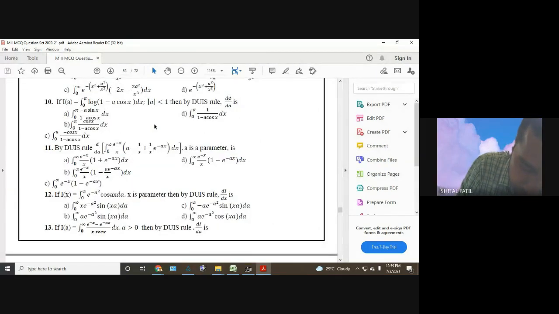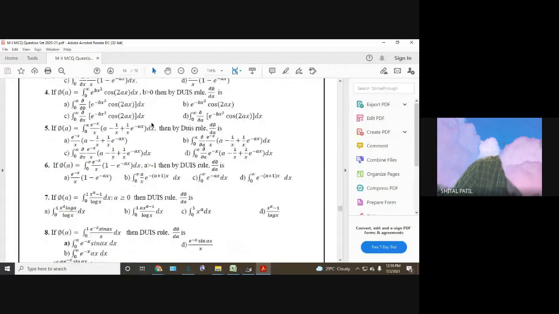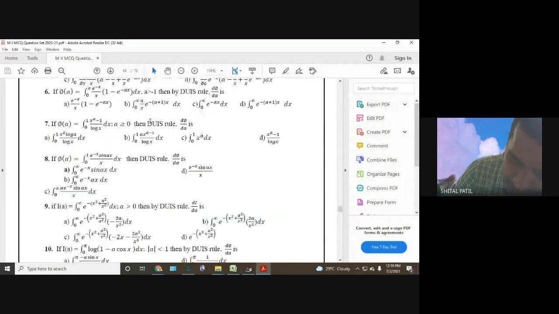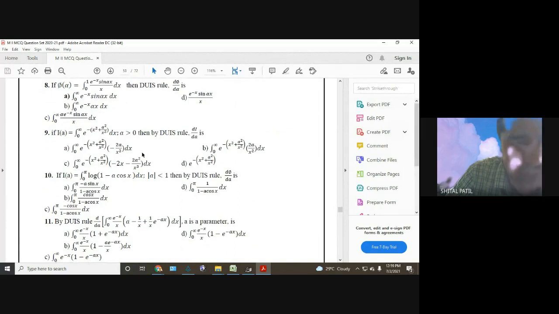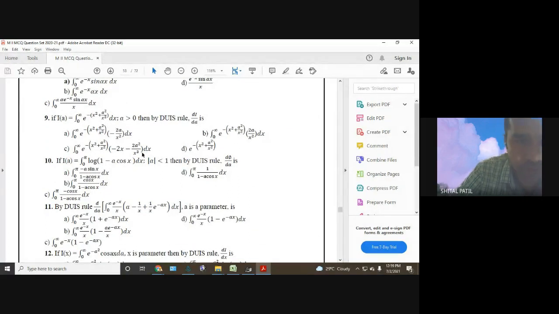So example number 11, page number 53. Hope this is visible to you. I of A is given, right?